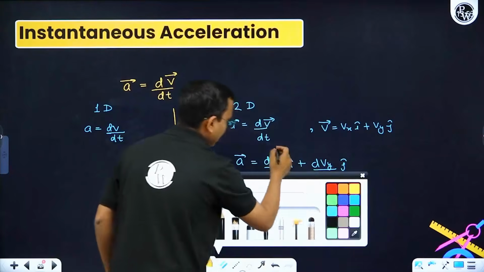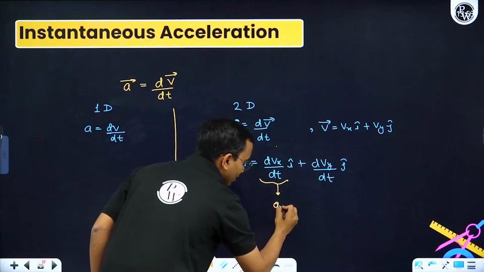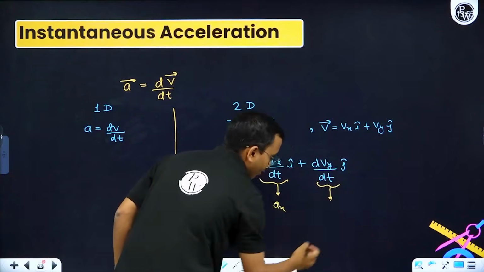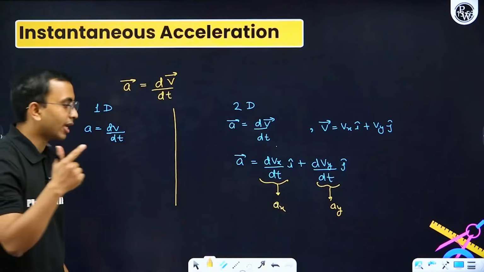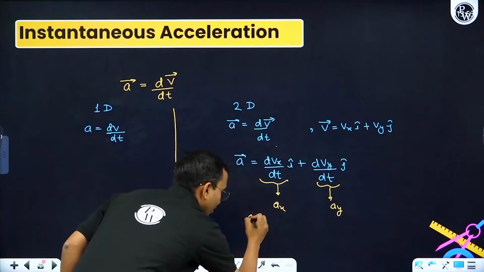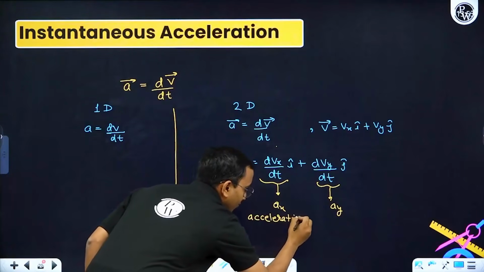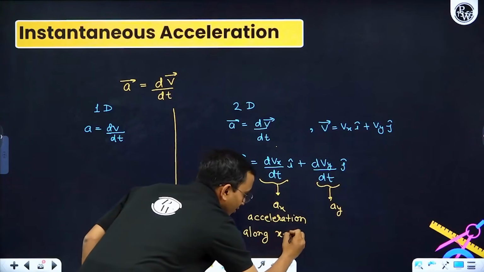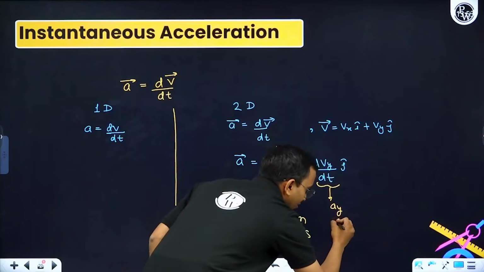Now this is my ax and this is my ay. So ax means acceleration along the x-axis, and ay is acceleration along the y-axis.